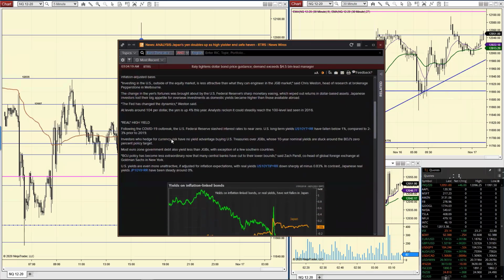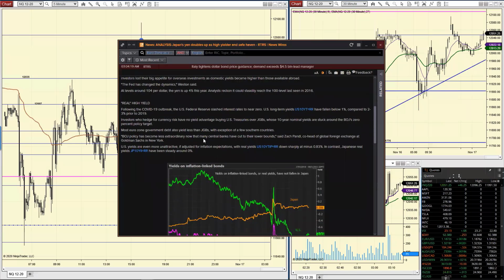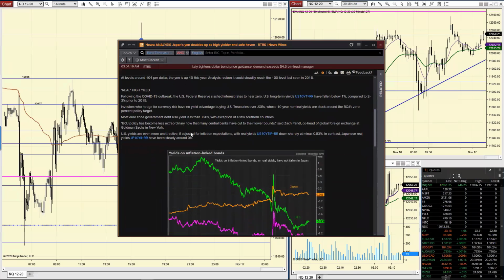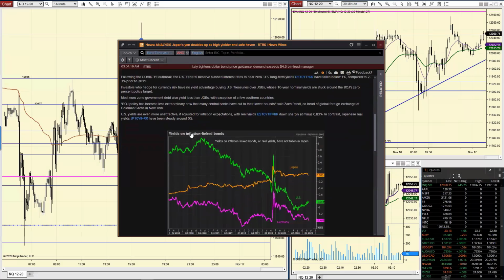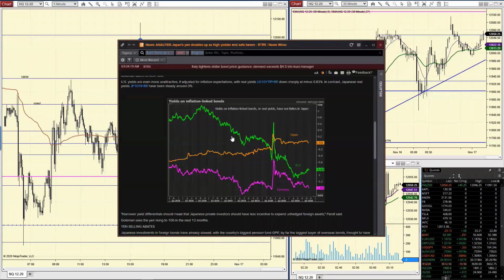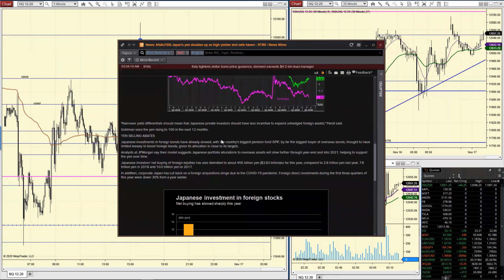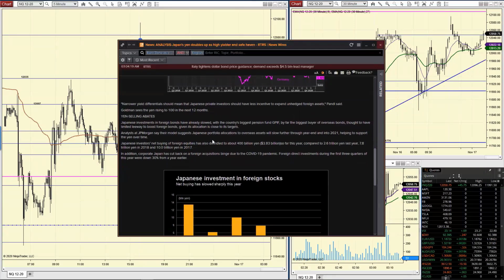The real high yield, well, no, because we saw those big moves in the yen. Let's see here. BOJ policy become less extraordinary among central banks. Inflation-linked bonds. A narrow yield differential should mean Japanese private investors should have less incentive to expand unhedged foreign assets.